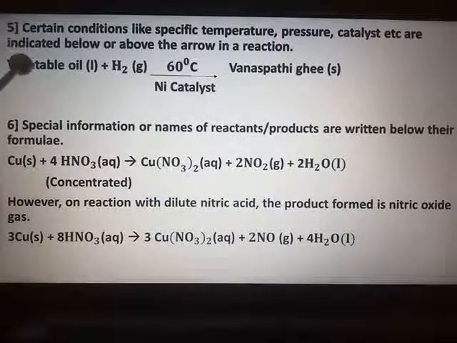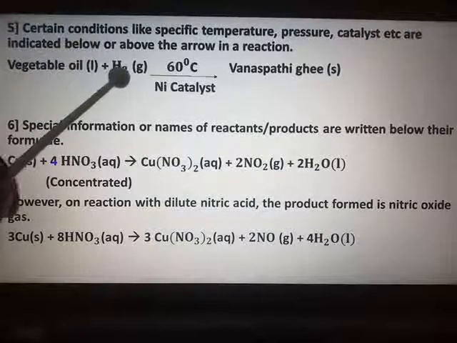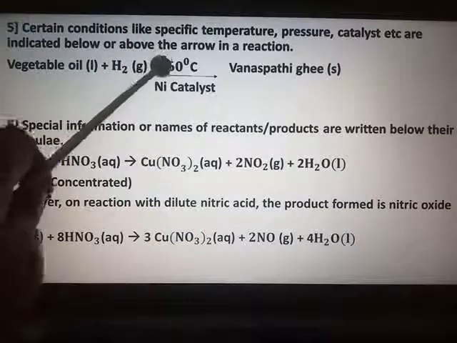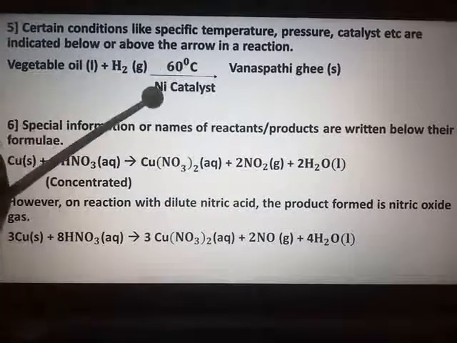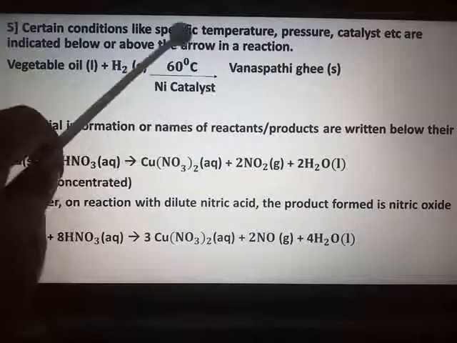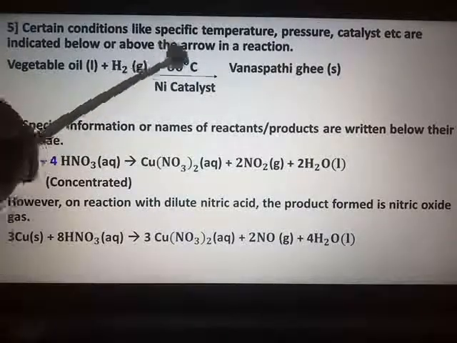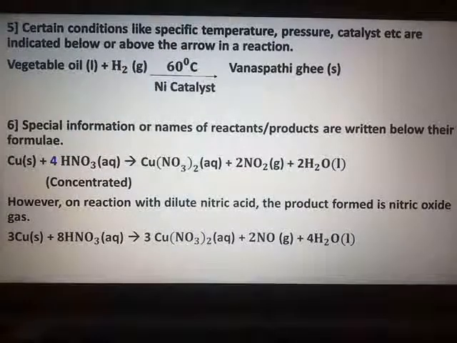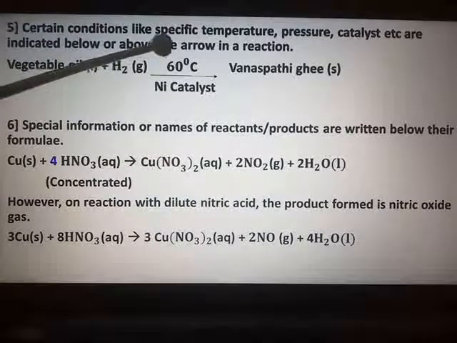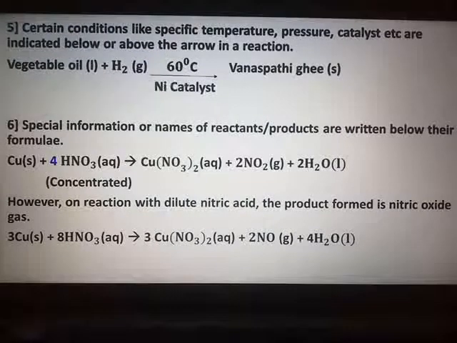So vegetable oil combines with hydrogen at a temperature of 60 degrees Celsius with the help of a nickel catalyst. This temperature and catalyst are the additional things which you are providing in the reaction, and they are mentioned above and below the arrow.